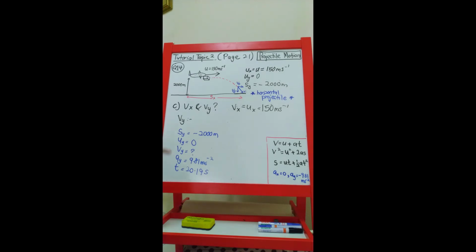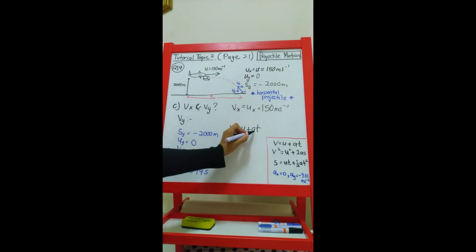Okay, so in order to find vy, obviously we need the equations with vy in them, so we have the first and second one. You may use either of these two equations, but obviously I'm going to choose the easier one, which is v equals u plus at.